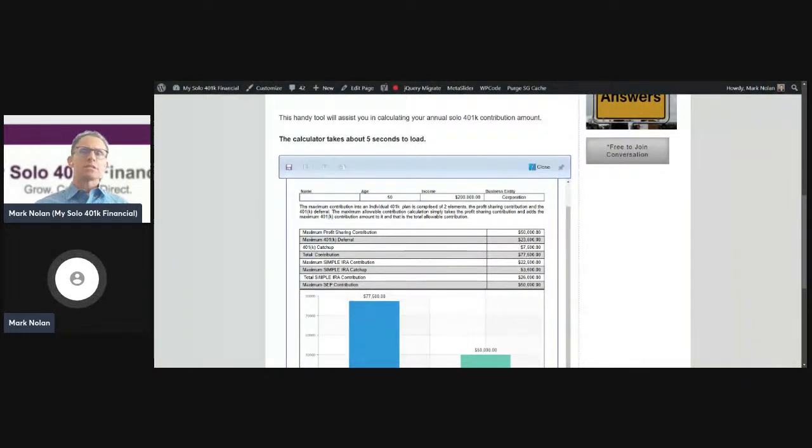So you can chop this up in different ways, but let's say $50,000 of employer Roth solo 401k contributions, and then let's say you contribute $23,500 of employee Roth solo 401k contributions.